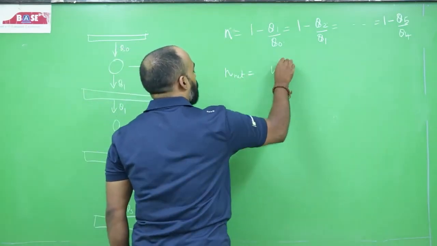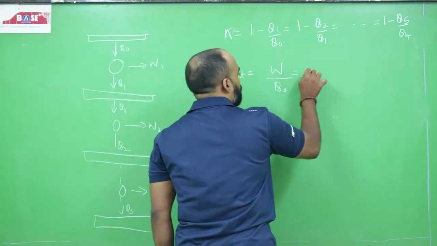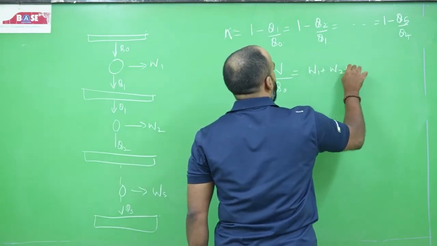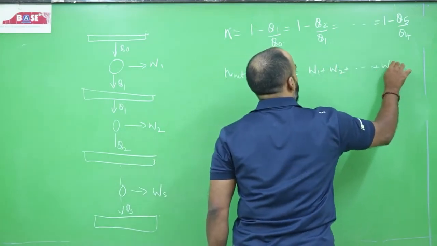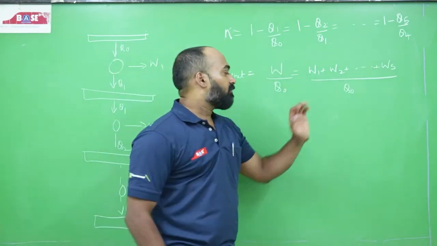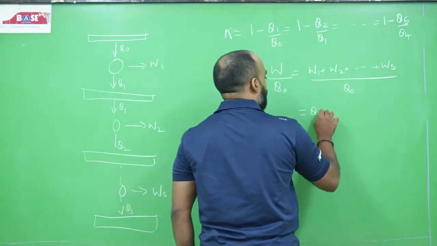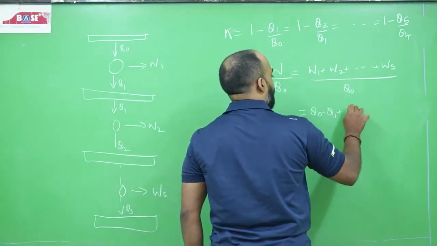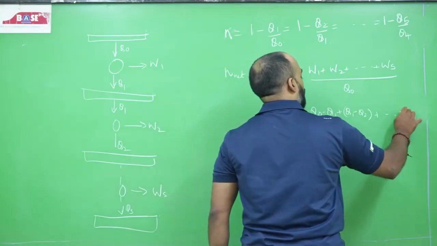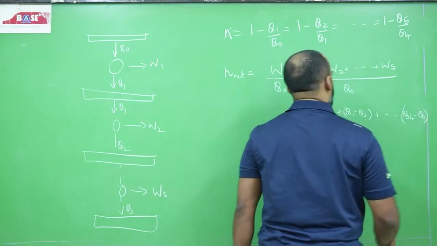The net efficiency is the net work output by the heat input to this entire system. This will be the total work up to Q5, adding up the work extracted from each stage. For the first one, this will be Q0 minus Q1. For the second one, it is Q1 minus Q2, so on, up to the last one, where it is Q4 minus Q5.